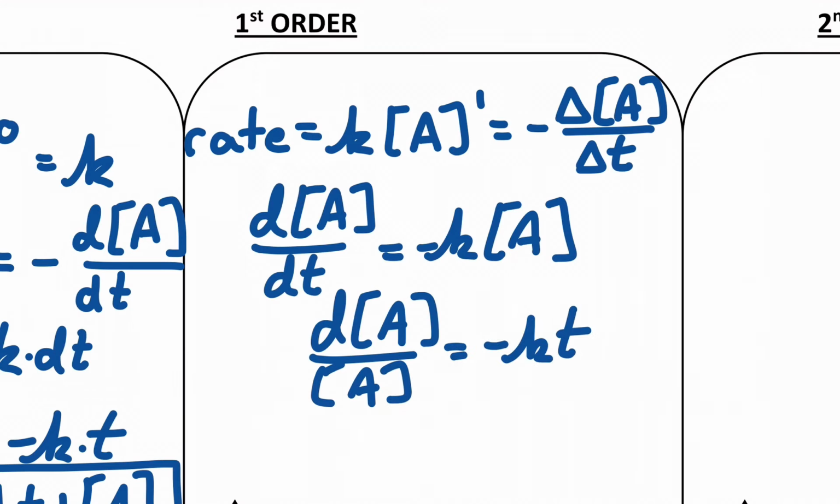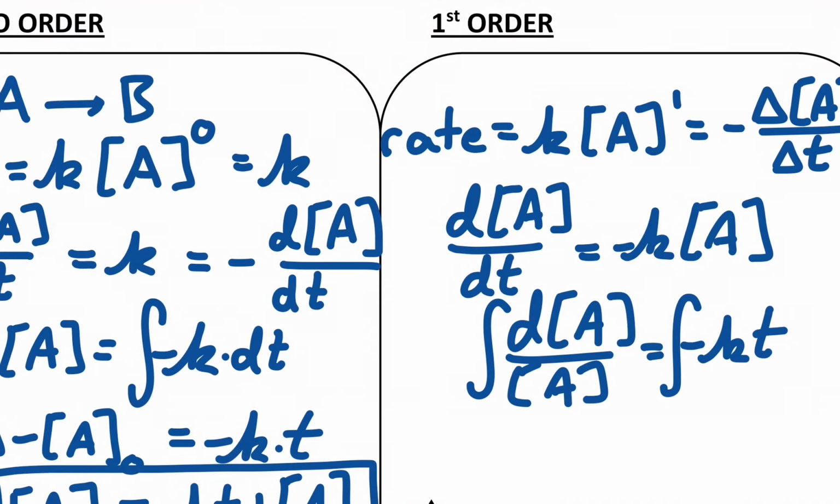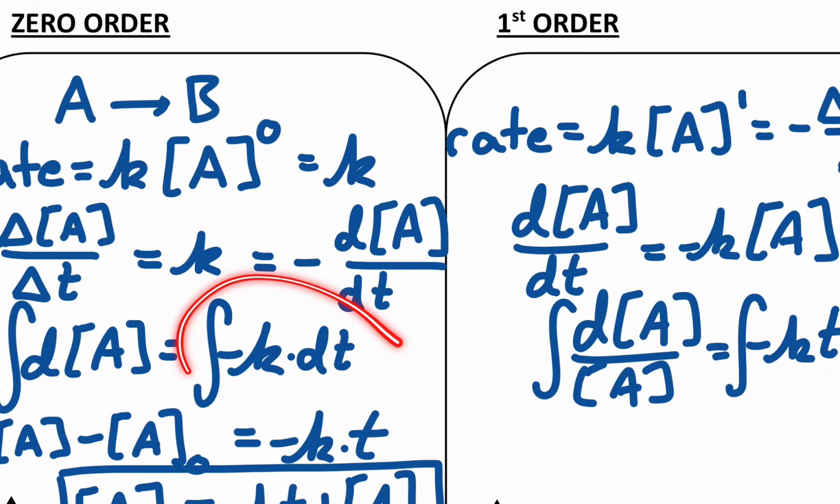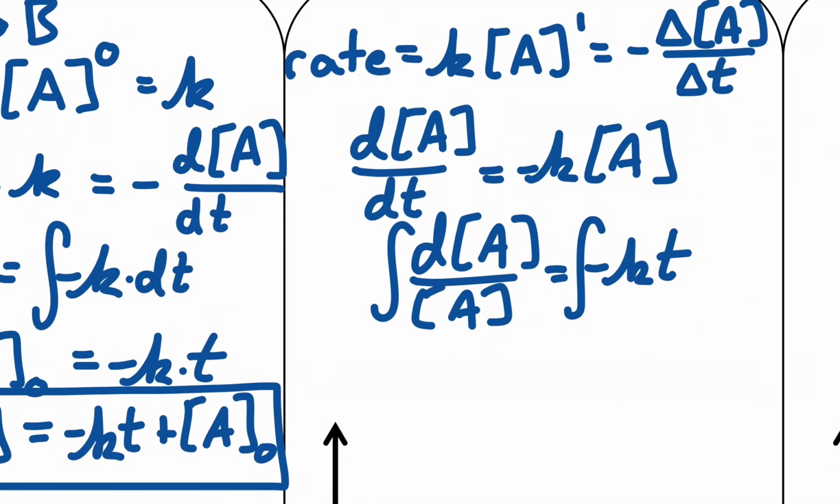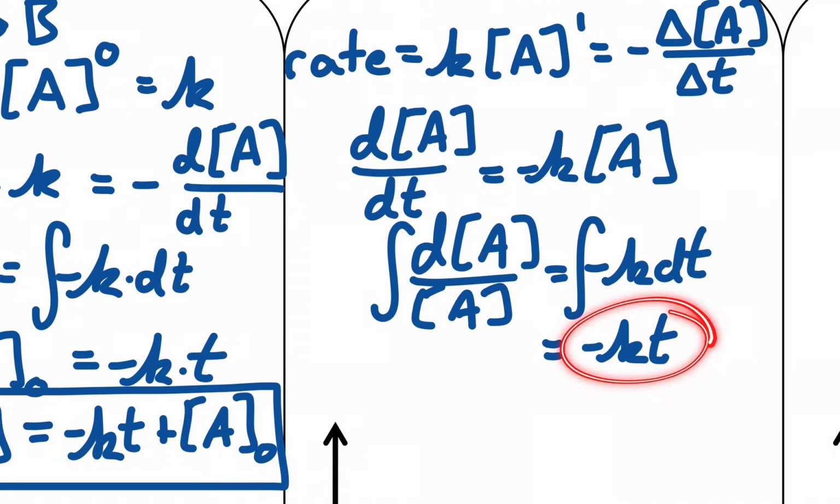And just like before, I'm going to integrate the left and integrate the right. Now, the right looks exactly the same as what I had before. So the right-hand side of this still becomes negative k dt. Whoops, this was actually dt, wasn't it? The integral of negative k dt is negative kt.